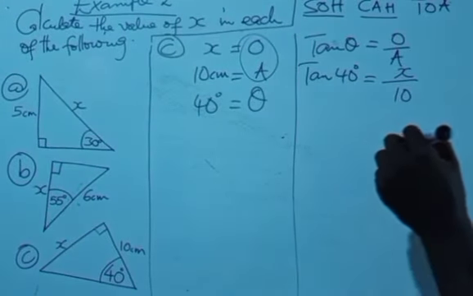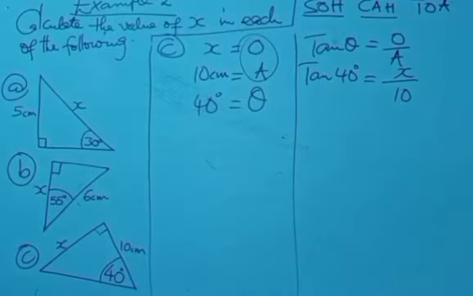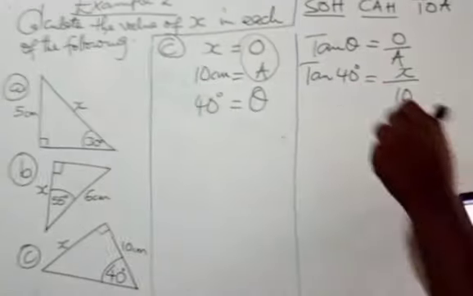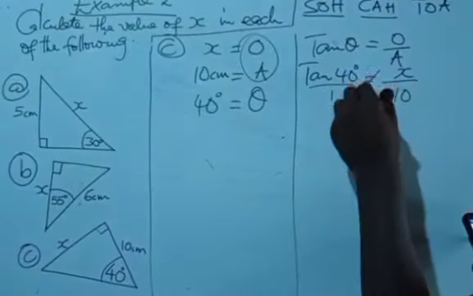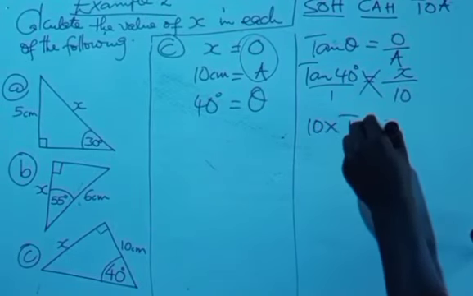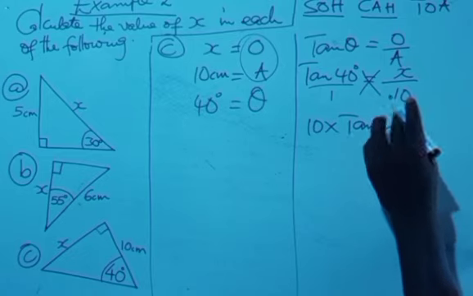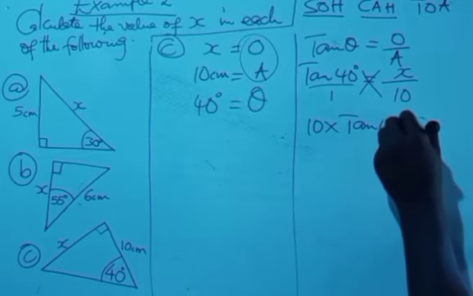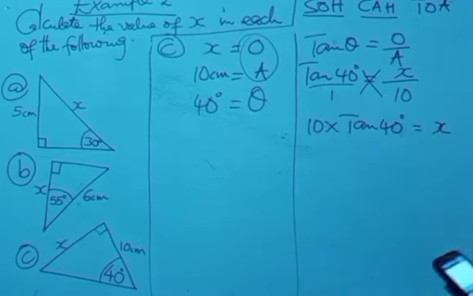So now we cross multiply as usual. We are going to have 10 multiplied by tan 40 degrees, which will be equal to x.